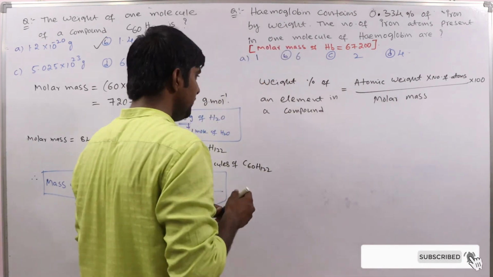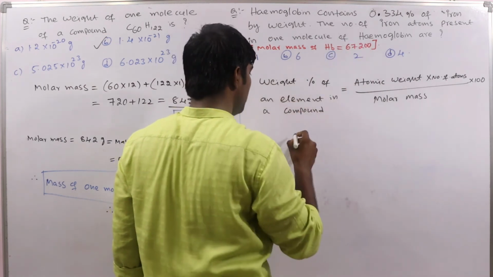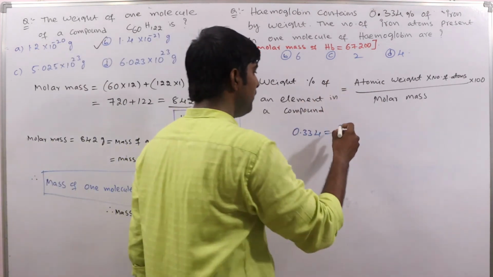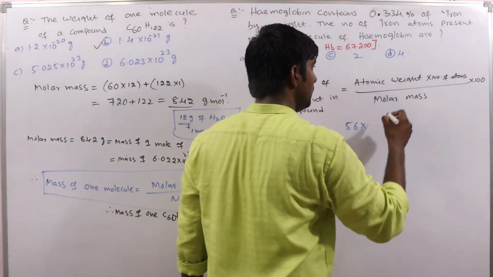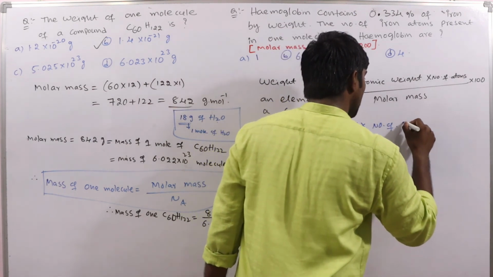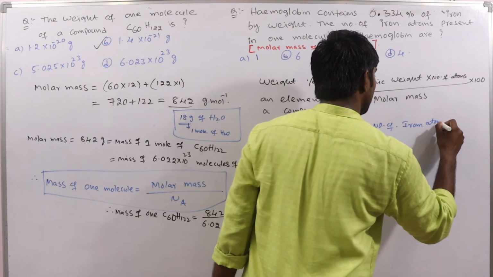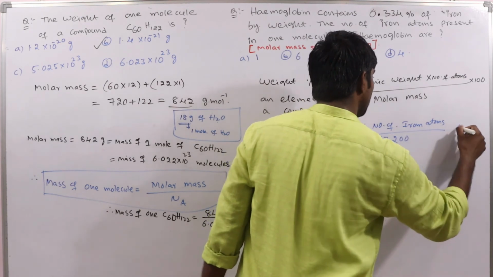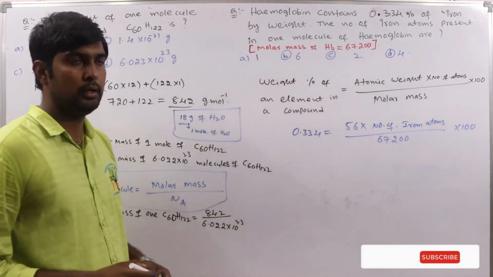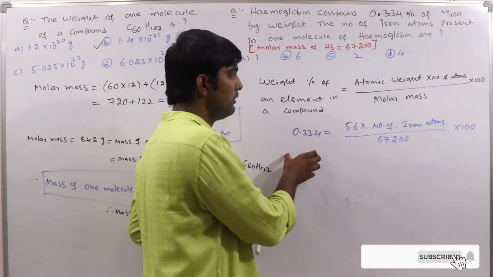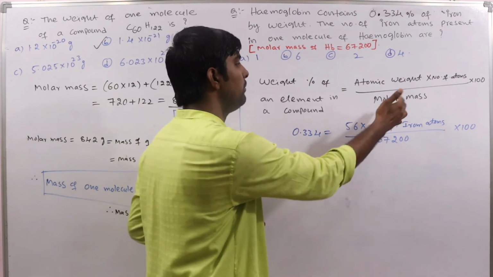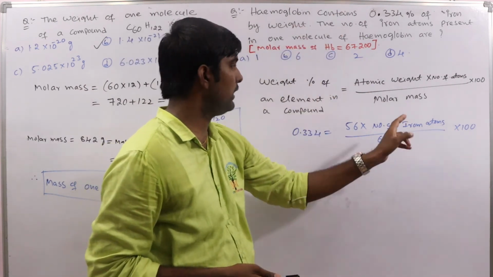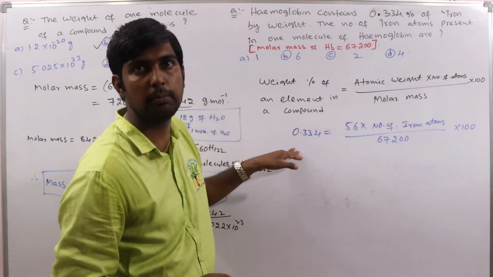Simplifying: the weight percentage is given as 0.334, and the atomic weight of iron is 56, into the number of iron atoms, which we have to calculate, divided by the molar mass provided here, 67,200, into 100. So what we have to calculate is the number of iron atoms.